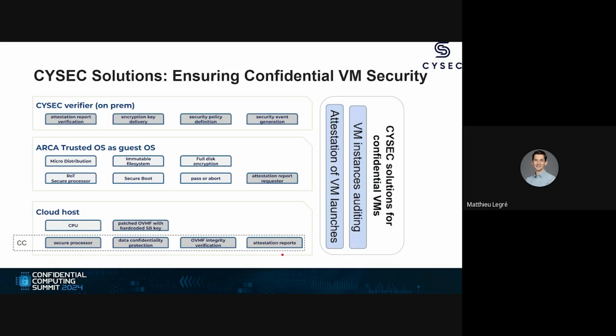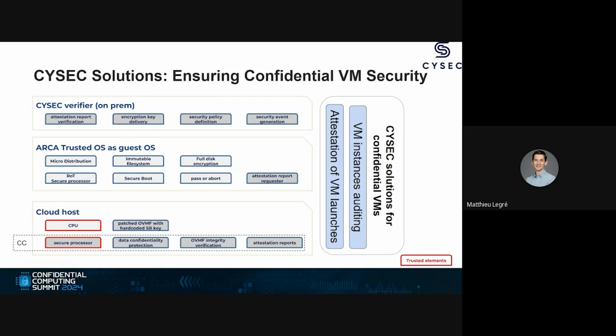With all those elements, with all those functionalities, we developed two protocols. One is called attestation of a VM launch, and the other one is VM instance auditing. So this is what we do. It's really building a solution with those elements, some coming from Arca Trusted OS or the SISEC verifier, some others coming from the CPU and from the cloud.